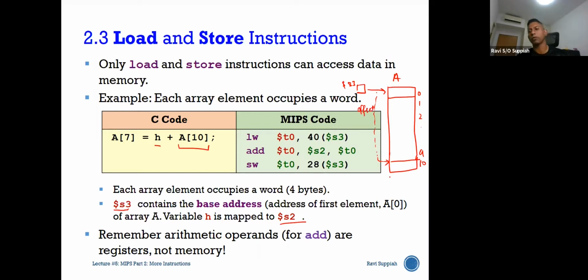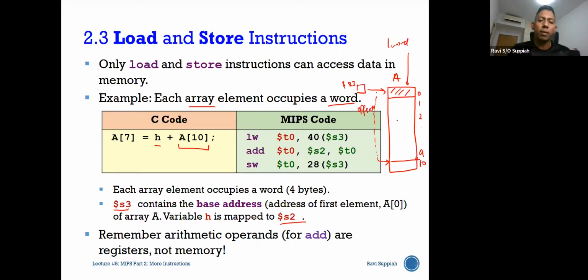So how much offset? Since we already told that each array element occupies a word, that means A0 is one word, A1 is one word, A2 is one word. So each element here is one word, which is 4 bytes.